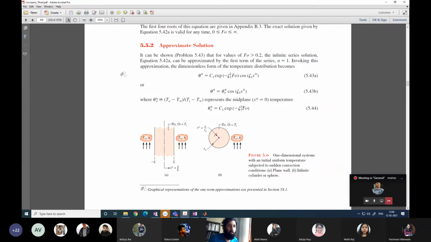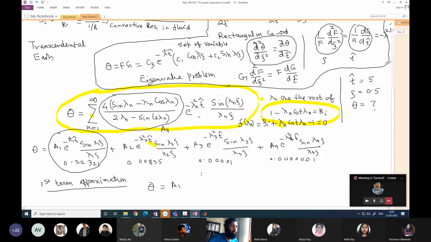I said that t hat is actually the Fourier number, so the solution is C1 exponential minus zeta square Fourier number. In the approximate solution, they have put everything except the exponential term, so the C1 also takes this sine. This entire thing is packed inside C1.